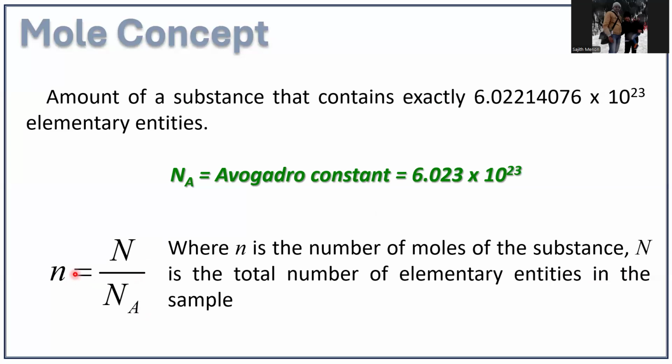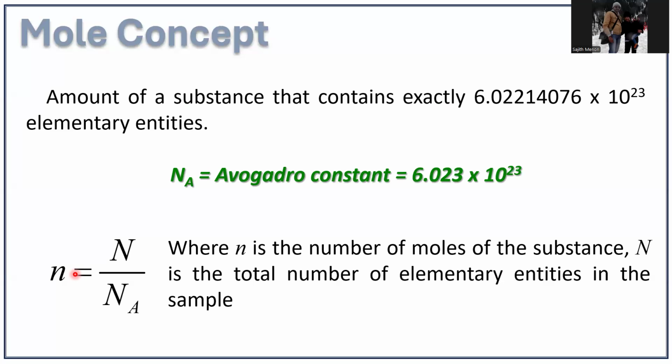The mole concept is a fundamental principle in chemistry that serves as a bridge between the atomic and macroscopic worlds. It allows chemists to quantify substances in terms of the number of particles, such as atoms, molecules, or ions, by relating this count to a measurable quantity of matter. One mole of any substance contains the Avogadro number, approximately 6.023 × 10^23, of representative particles.